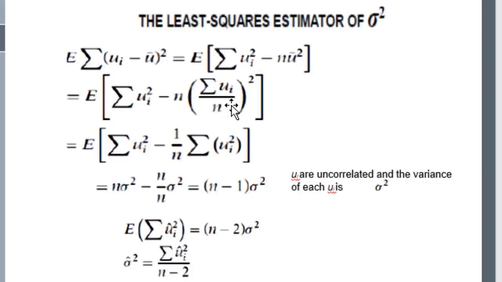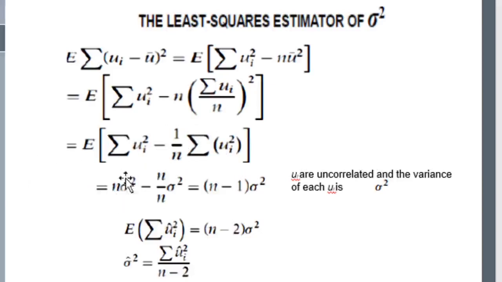The expansion for u bar can be written like this: the expected value of sigma ui square minus n into, replace this u bar by sigma ui by n, the whole square. That is the expected value of sigma ui square minus, factoring out 1 by n, 1 by n into (sigma ui) the whole square. Then multiply the whole equation by n.